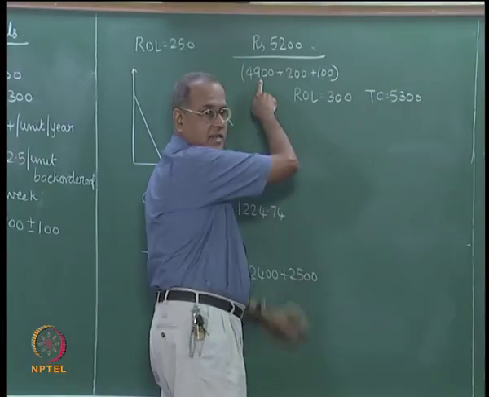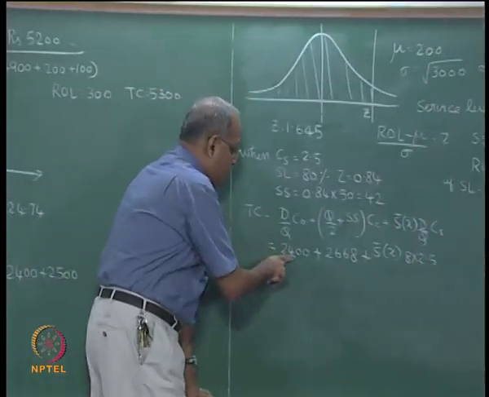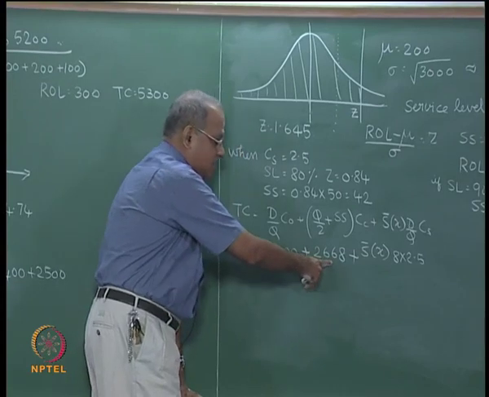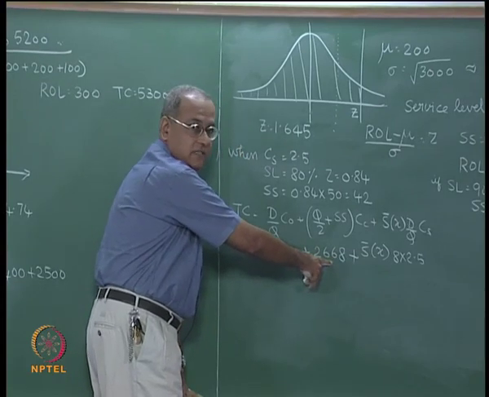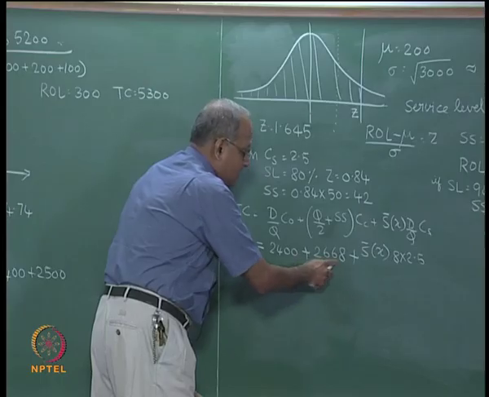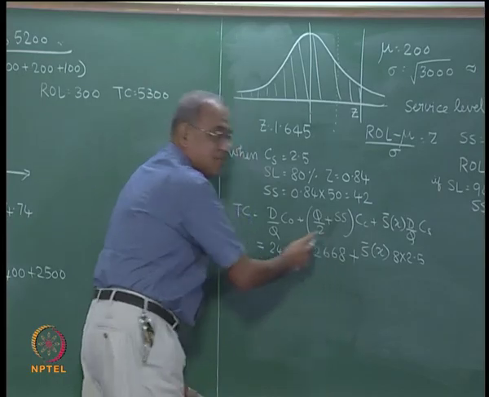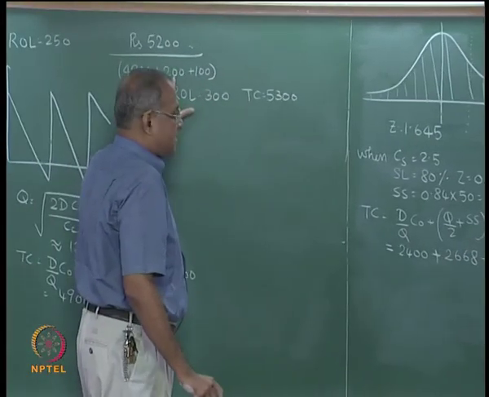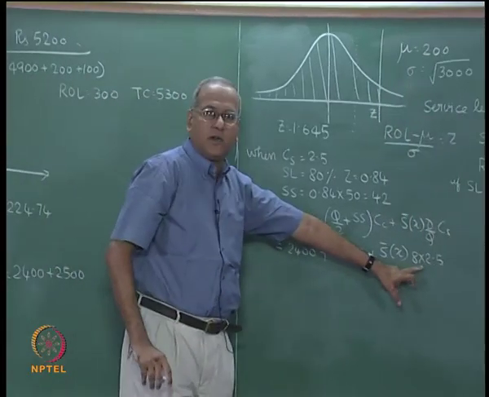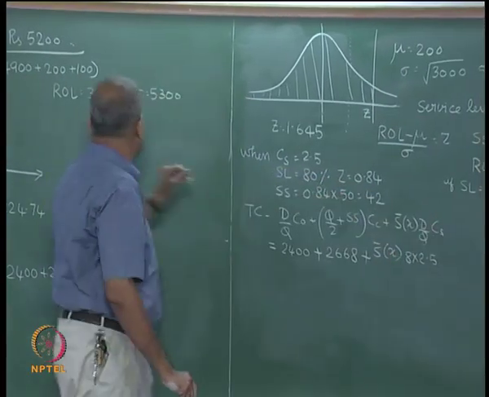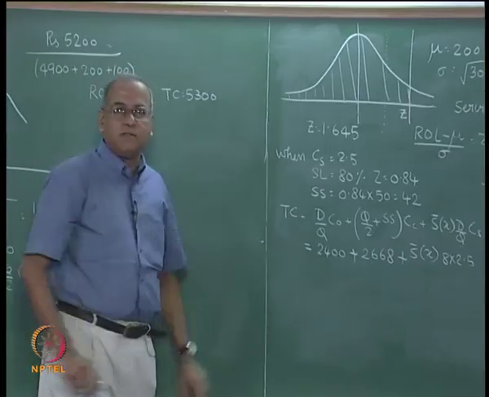This 4900 comes out of this 2400 plus another 2500 out of this. So that is 4900. Now, the balance is 168, which is equivalent of this, and then we have one more term here, which is the shortage cost term, which is equivalent of this term.